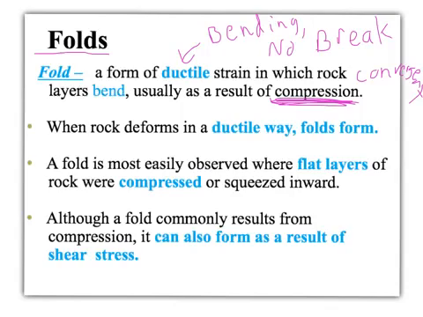Like if you started pushing the ends of two sides of your paper together, you would see that paper fold, and it would either fold up or it would fold down in the middle. And so in a fold, what we see is normally we would have flat layers of rock called strata.